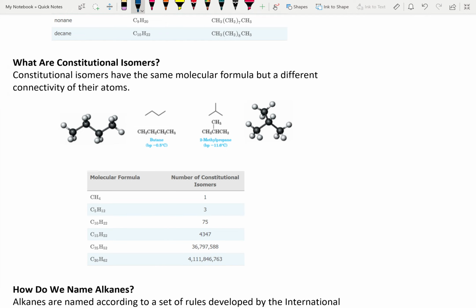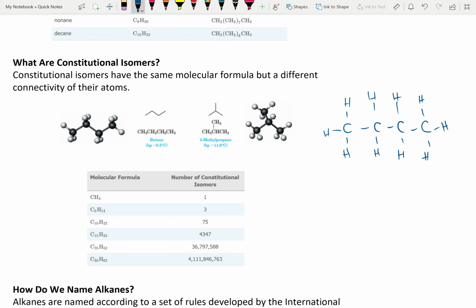So we have 1, 2, 3, 4 carbons, and the hydrogens are bonded to them. So our first will be CH3, then we have a CH2, followed by another CH2, and the last one is another CH3 group.